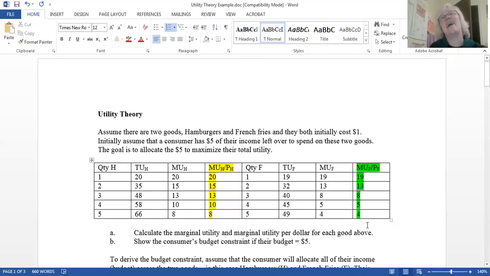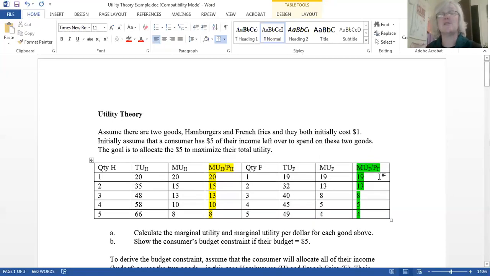I have my $5 and I'm going to spend the first dollar on the item that gives me the most utility per dollar, okay? I'm going to go dollar by dollar in expenditures here. For my first $1, I can buy either my first hamburger or my first French fry. The first hamburger gives me 20 udals per dollar, and my first French fry only gives me 19.